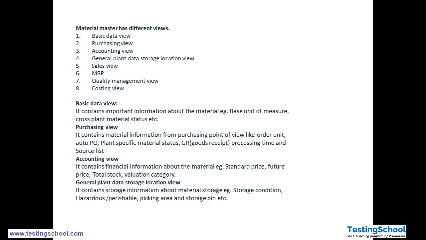Now in purchasing view we are seeing a few field names. These are the fields in purchasing view, where you need to mention the order unit. If you want to purchase this material, what is the unit?